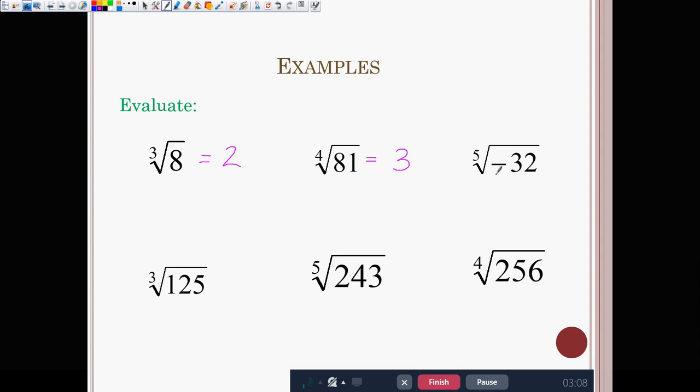I always start off with 2, just to try it out. So we can forget the negative for a minute, and we can just add the negative at the end. So 2 times 2 is 4. 4 times 2 is 8. 8 times 2 is 16, and 16 times 2 is, I'm sorry, yes, 32. Yeah. So that's 5. So it's going to be a negative 2. I always just start off with 2.